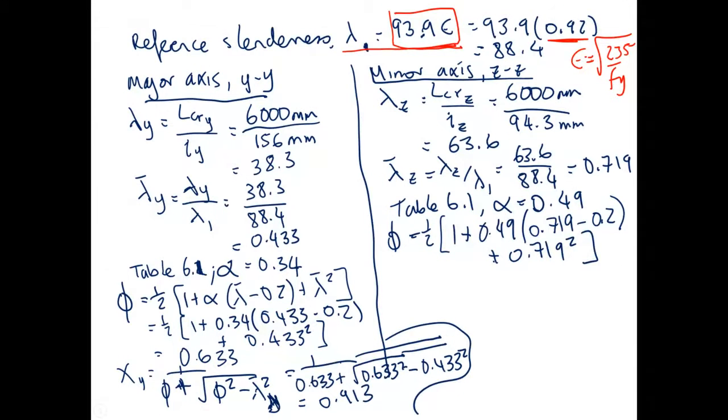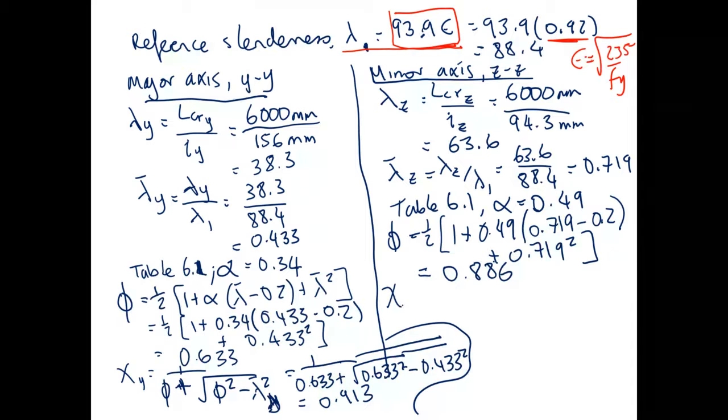Okay, so we're just using the same formula: half into 1 plus alpha, normalized slenderness minus 0.2, plus normalized slenderness squared. And when I work that out, I get 0.886.